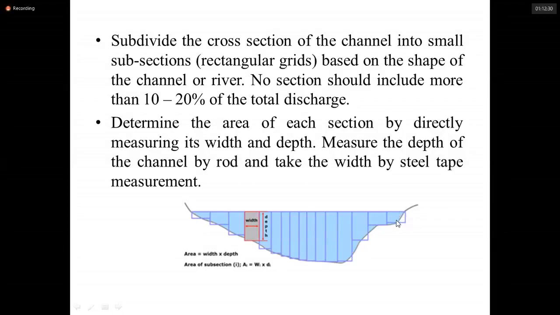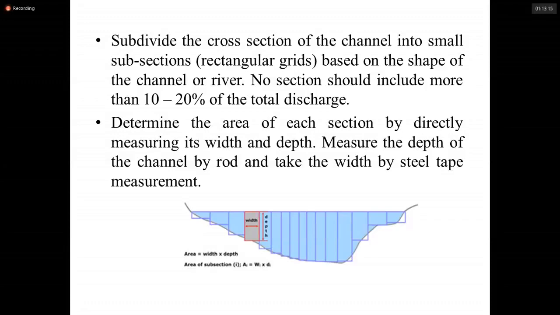In the side area, the depth is very small and the velocity also very less. So the amount of water passing through in a second is very less compared with the middle portion. So we have to subdivide the section, and no section should include more than 10 to 20% of the total discharge. That's why we have to divide the center portion into very small widths. Then determine the area of each section by directly measuring its width and depth.